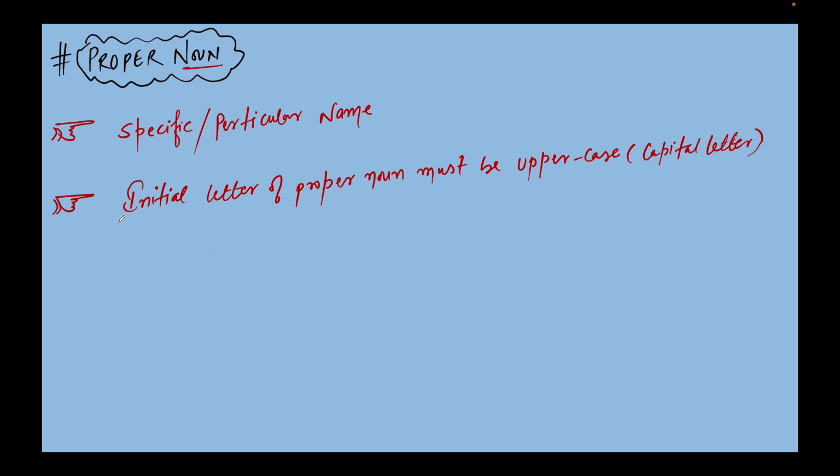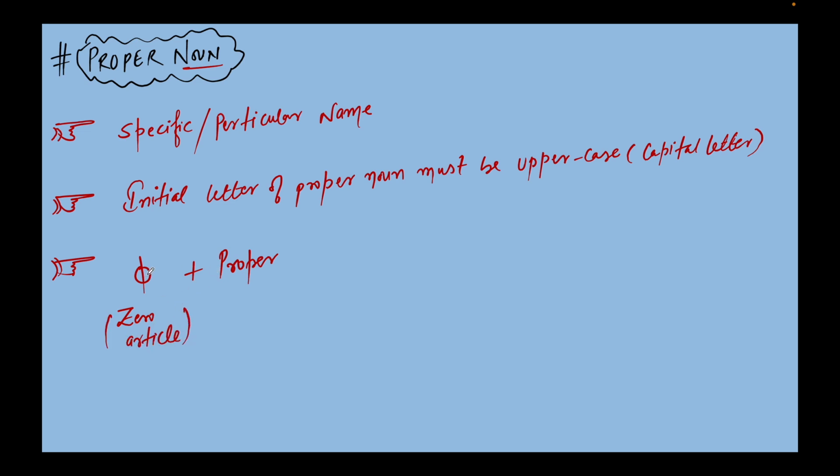The third point is very, very important. By the way, all the points are important, but the third one is more important than these two points. We don't need to put an article just before a proper noun. This is known as phi, which means null, zero article.